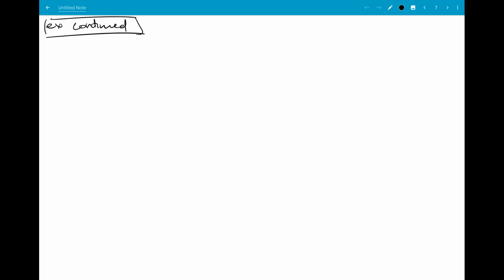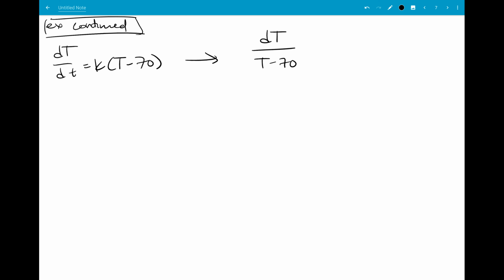So our first step is going to be to take our dT/dt equal to k times T minus 70, and then rearrange it to dT over T minus 70 is equal to k dt. I've moved all the big T's to one side and all the not big T's to the other side.